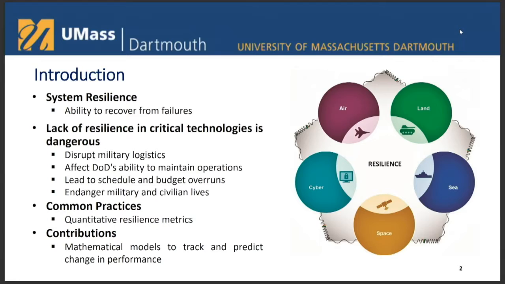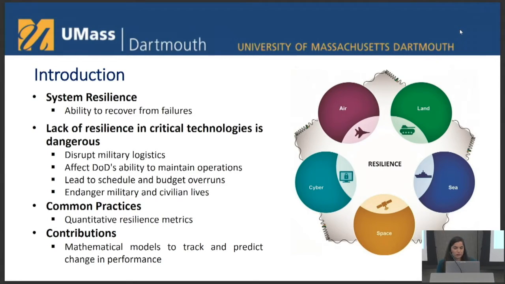So system resilience is the ability to recover from failures. And if critical technologies don't have that ability, what could happen? Military and DoD operations could be disrupted, for example, could cause problems to supply chain and even cause damage to human lives. So researchers have been trying to measure resilience using some metrics, for example, area under the curve, area above the curve.